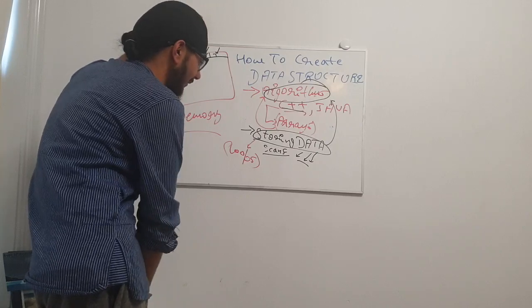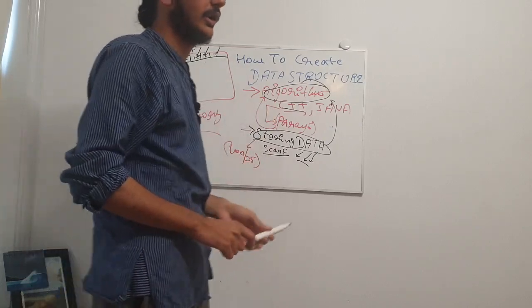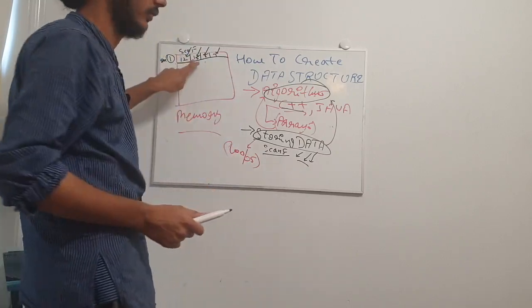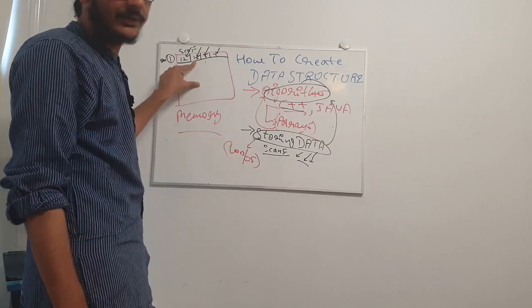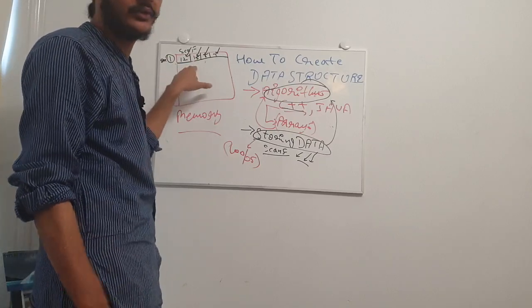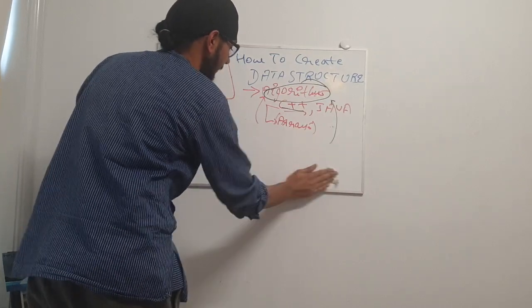And the next thing is, now we have made a data structure, we have stored data into it. Now suppose that today I stored this data in my memory and shut off my computer. The next day I want to access this data, I want to use this data for some purpose. How can I do that?